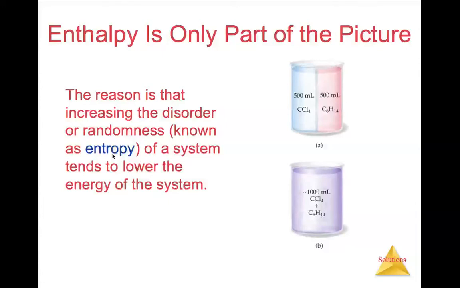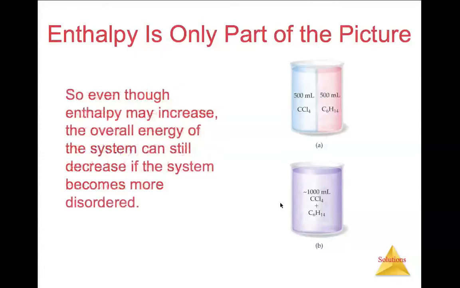But for right now, it's sufficient to know that if you have two separate substances and you mix them together, they're going to become more random or more disordered, and it is the tendency of the world to become generally more random or more disordered, and therefore can be a driving force in causing a solution to form.